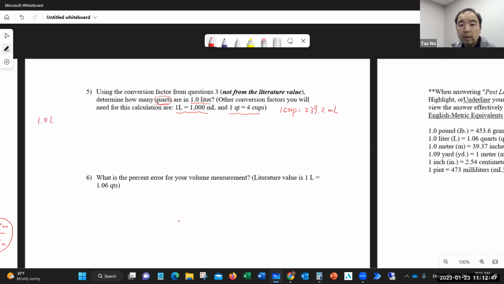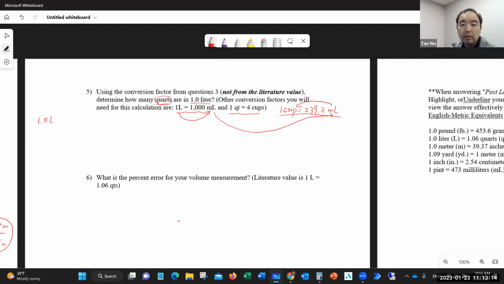Well, then you can think about it, so far we have 3 unit conversions. How can I, based on those 3 unit conversions, convert that? Well, you have 1 liter, right? So this is the liter, and we can convert liter to milliliter. And once you have the units in milliliter, you can convert milliliter to cup.